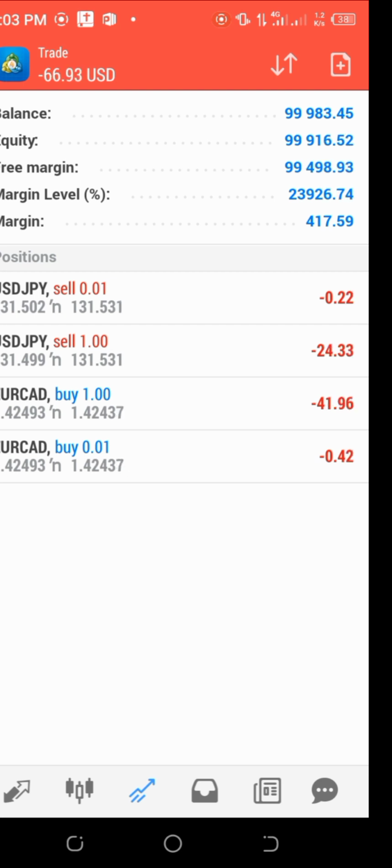So if you are trading and you don't know these things, you will not make profit, or you may take risks and lose all your account or blow your account. The next one, EURCAD: the EURCAD buy with 1 lot is moving faster than the EURCAD buy with 0.01. So you see the moves are different.